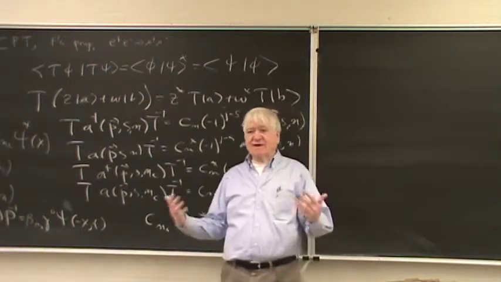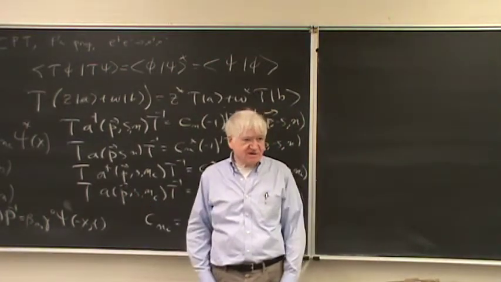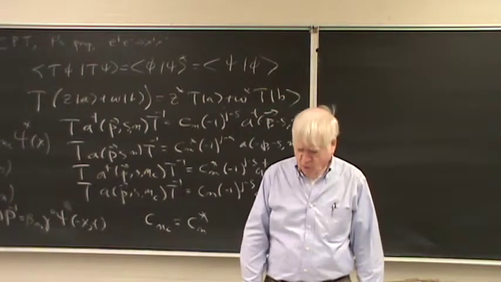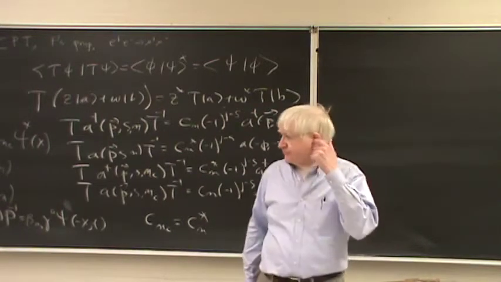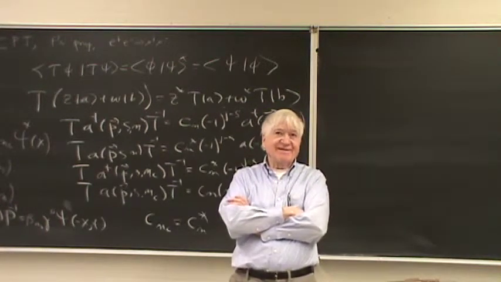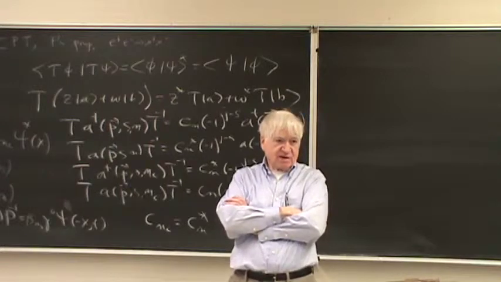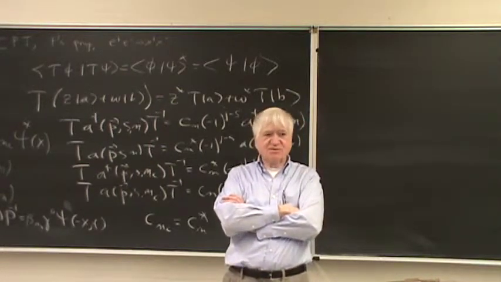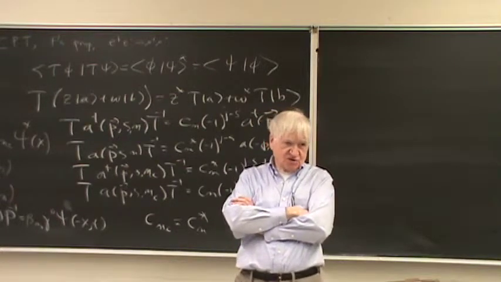In that case, it may be that CPT is not conserved. One of the things that's suspect about all of these discrete symmetries is that they're not gauge symmetries. So they don't add that much symmetry, and so losing them doesn't really mean that much.